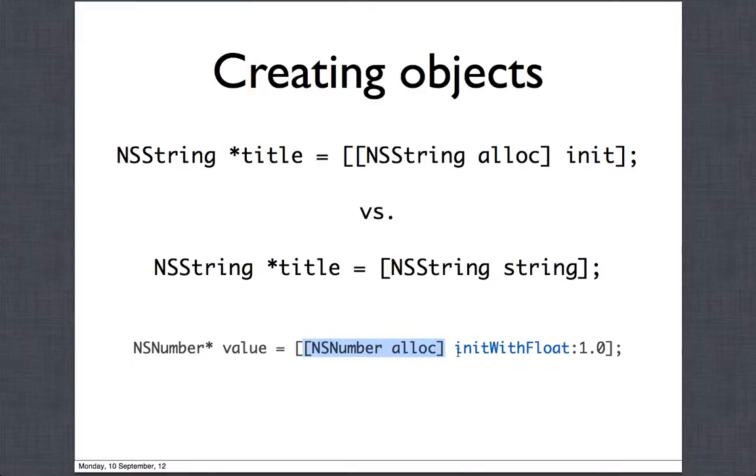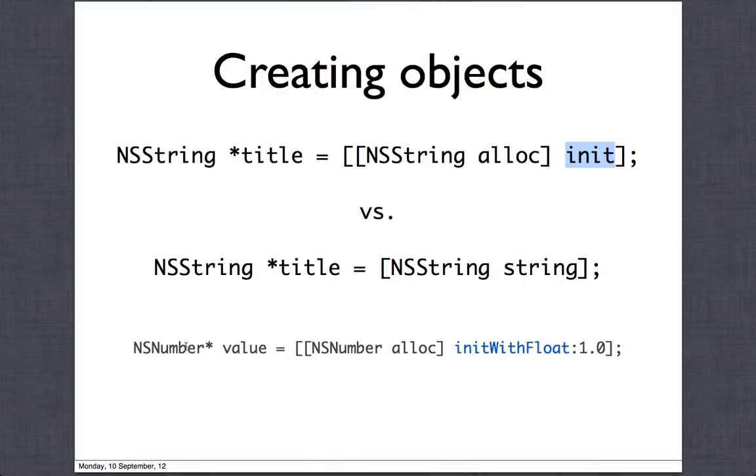NSNumber has the ability to respond to a method called init with float, and it includes the init routine, so it actually does the same as before, but it also sets the value of your number to a float, to 1.